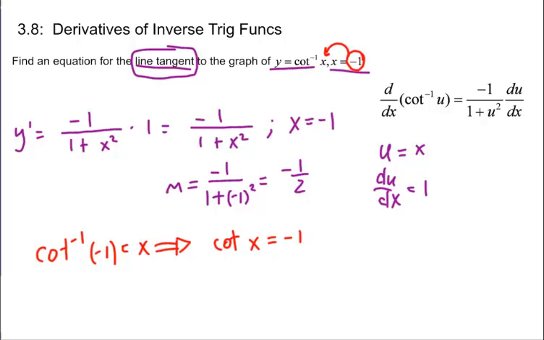So we just need to figure out where this occurs. What does x equal in this case? You can look at your trig card, look at your unit circle, and where's the cotangent going to be equal to negative 1? And that should be at 3 pi over 4.